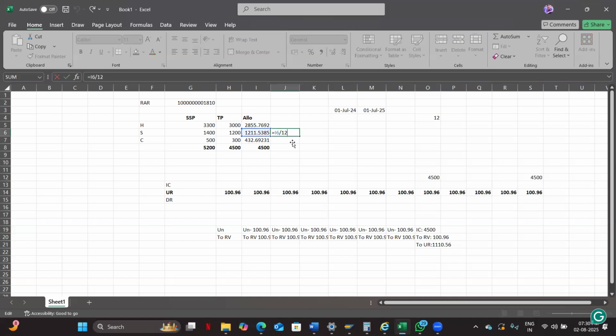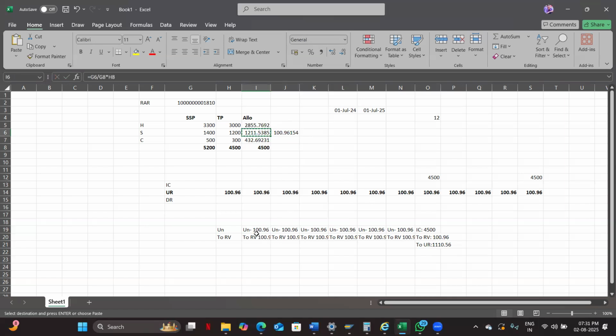You can see the calculation here. Whatever the allocation price is, only that price we calculate per month, divided by 12. The difference is SSP minus transition fee. Okay, allocation, got it.